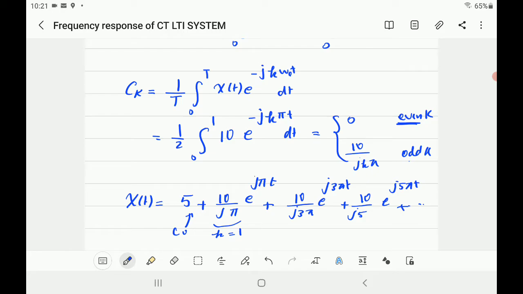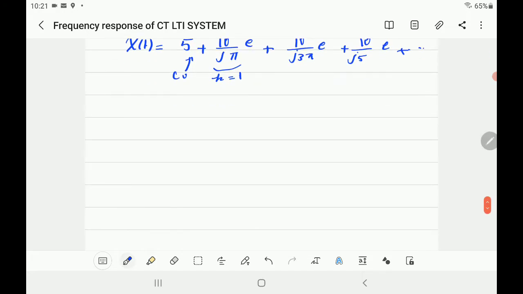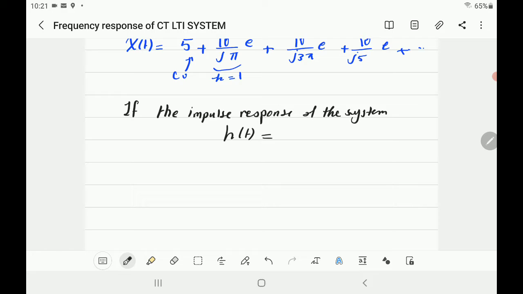Now you want to find the output. Well, the system's impulse response has to be given. So let's assume that the impulse response of the system is given as h of t equal to e to the power of minus 2t, u of t.